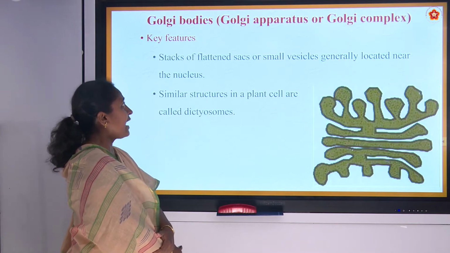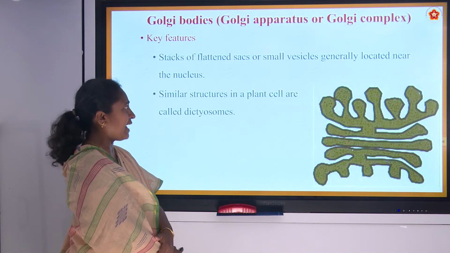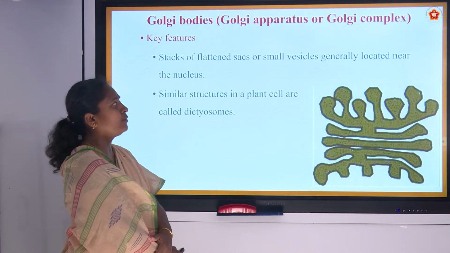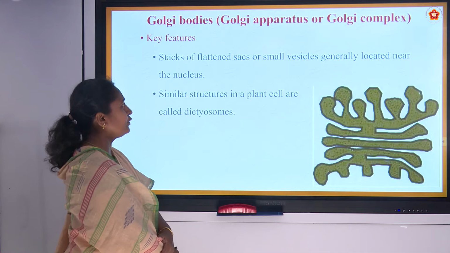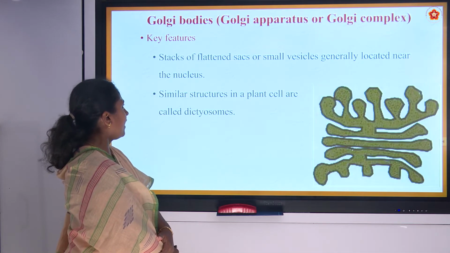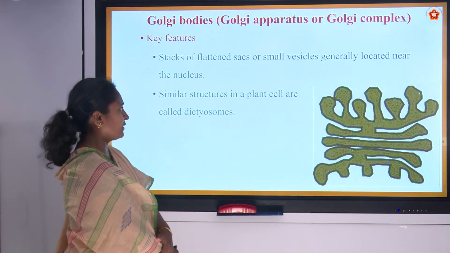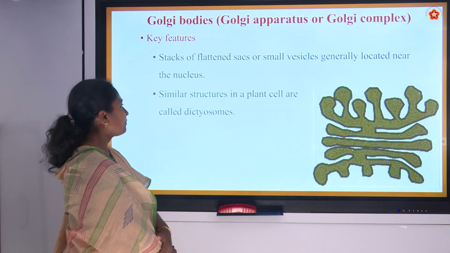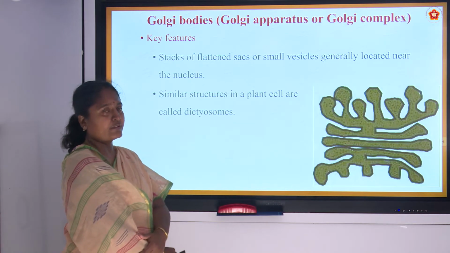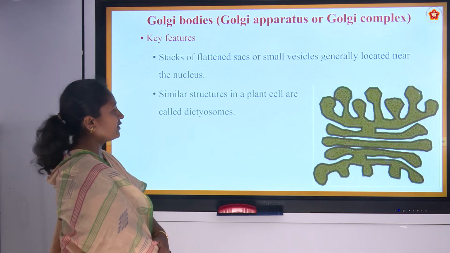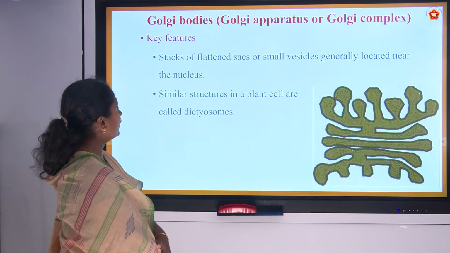These are stacks of flattened sacs or small vesicles generally located near the nucleus, and the similar structure present in plants is known as dictyosomes. Okay, these structures will be present near the endoplasmic reticulum and nucleus.